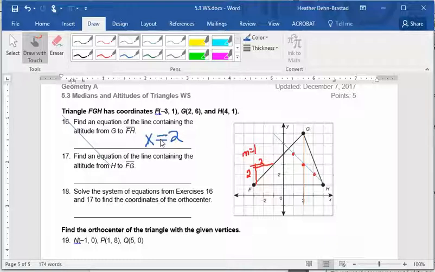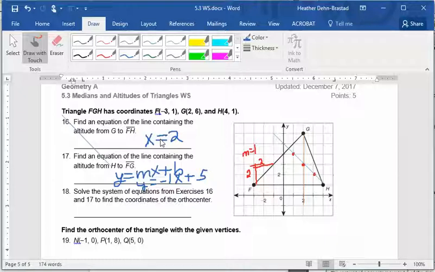And now this blue line that I graphed, that equation is going to be in the form y equals mx plus b. We know that its slope is -1, so I'll replace m with -1. And I can see that it's going through the y-axis right at 5. So its equation is y equals negative 1x plus 5.